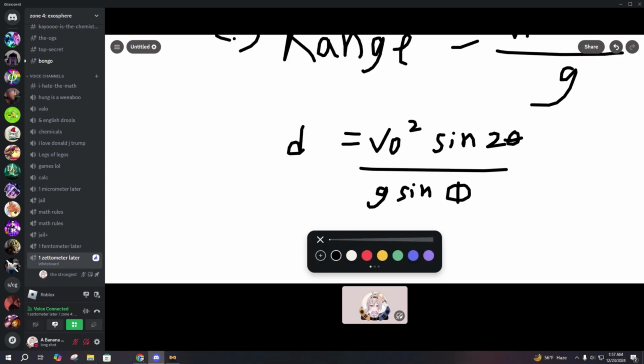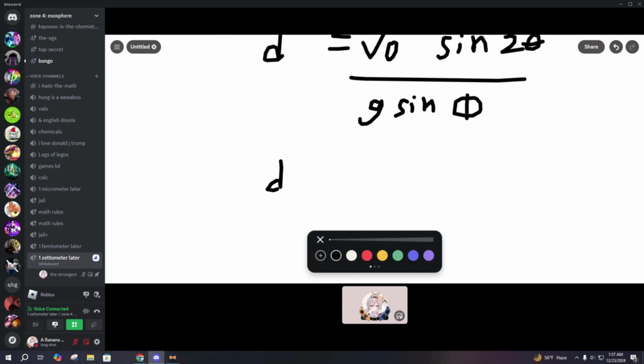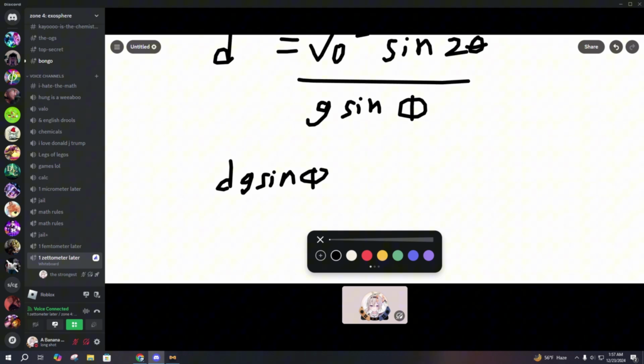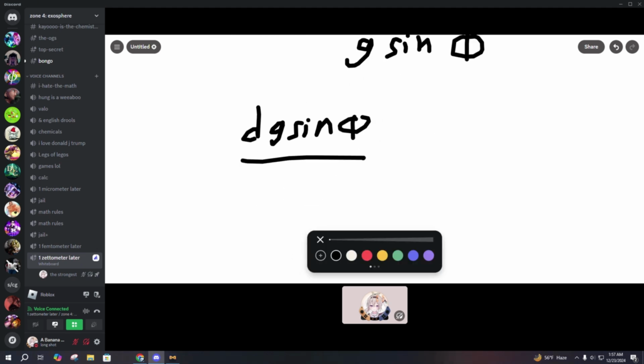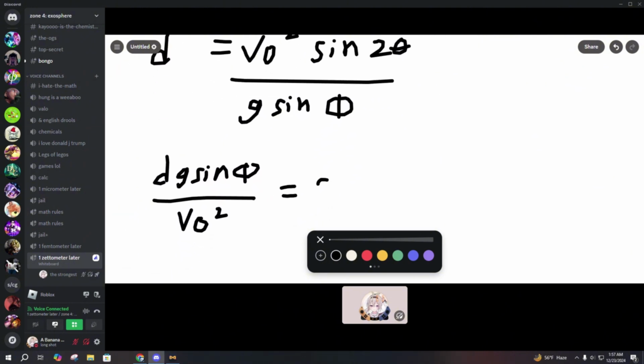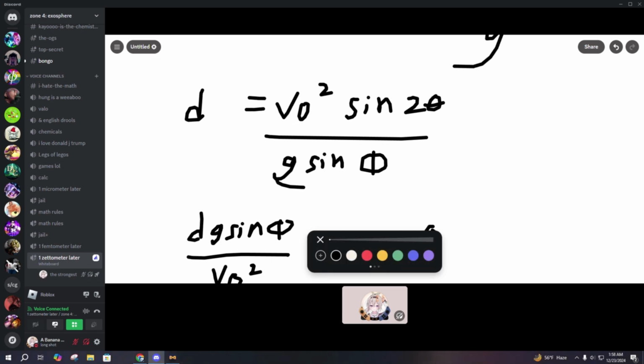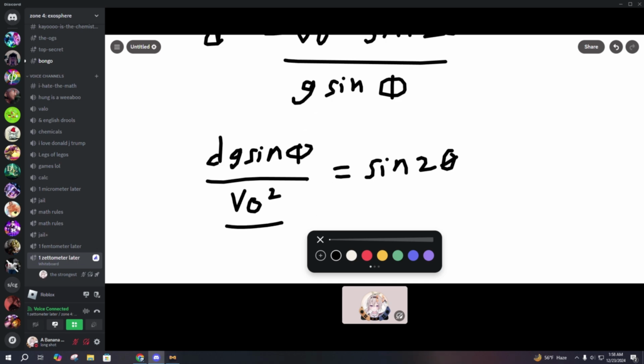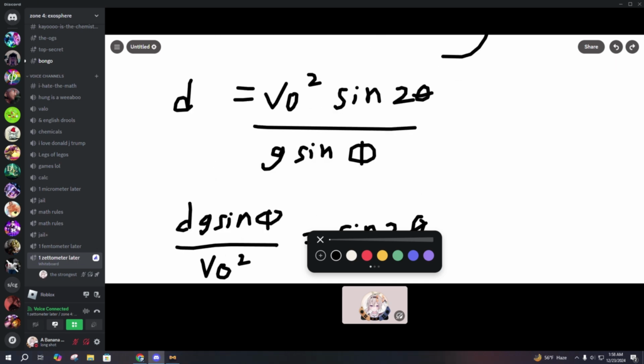Okay? Well, now I isolate for theta. Multiply g sine phi to both sides. Divide both sides by V0 squared. So that is equal to sine 2 theta. I multiplied both sides by this, by the way, and I divided both sides by that, which is why, see, division and then multiplication.